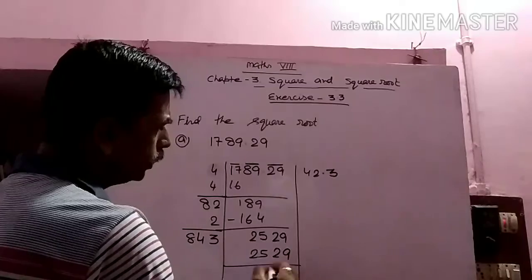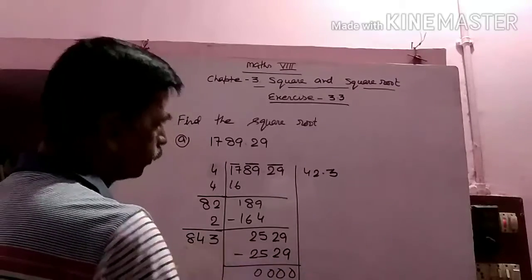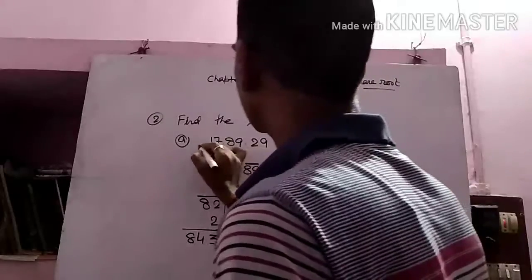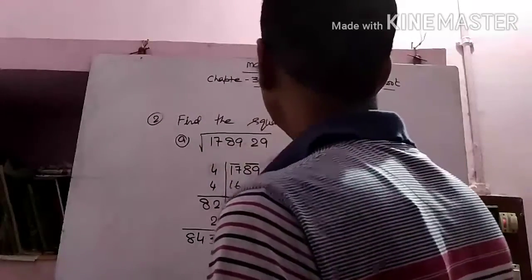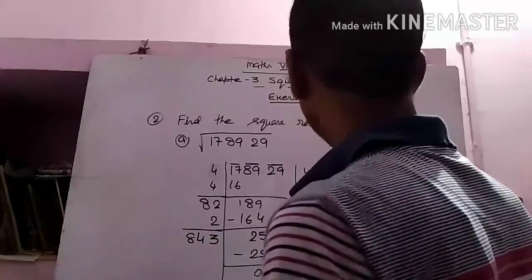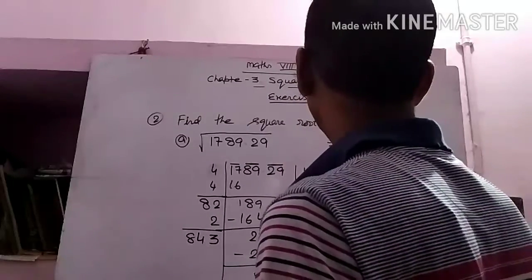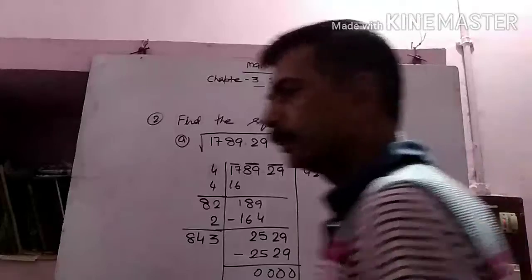Finally, the remainder is 0. So the square root of this number is 42.3.